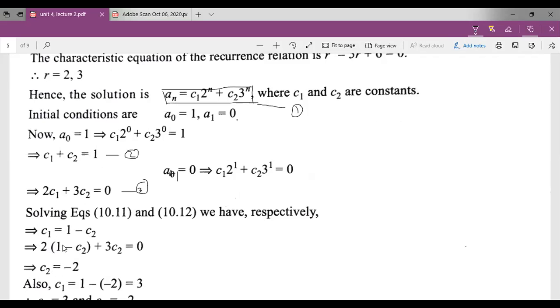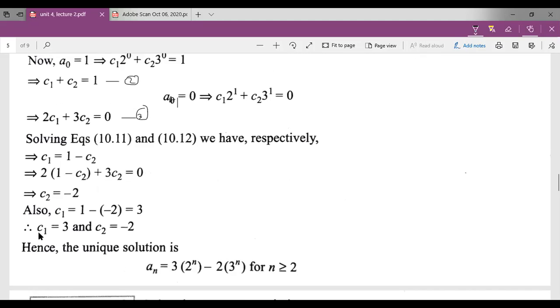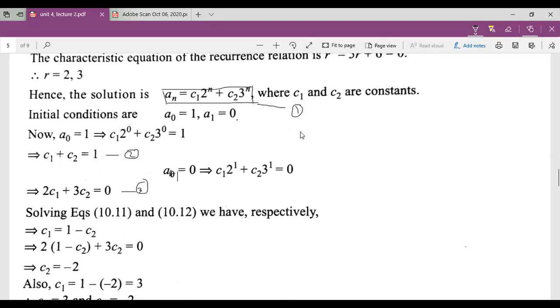Substitute the C2 value in this, we get 1 minus of minus 2. So C1 is equal to 3 and C2 is equal to minus 2. Hence the unique solution: we substitute the C1, C2 values in equation 1.